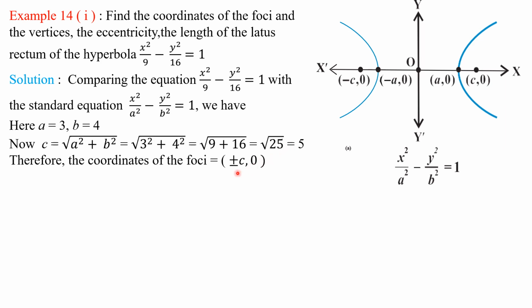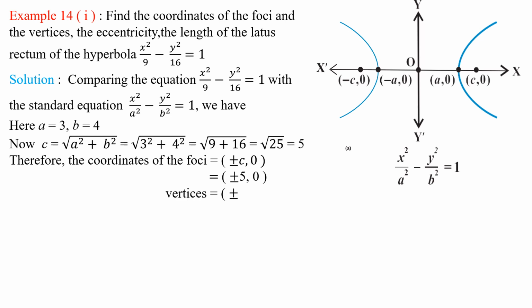That is equal to, we wrote here, plus or minus c comma 0. Okay, my children, right. That is equal to ordered pair plus or minus, what is the value of c here? We found 5. So plus or minus 5 comma 0. These are the coordinates of the foci of the given hyperbola. Understood this point, my children? Right.